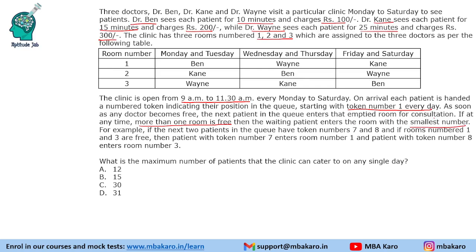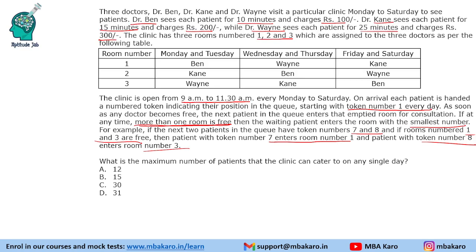For example, if the next two patients in the queue have token numbers 7 and 8 and rooms 1 and 3 are free, so token number 7 will enter room number 1 and token number 8 will enter room number 3, irrespective of the doctor. Whenever more than one room is free, they will enter the room based on the room number, not the doctor. So based on this we need to answer the questions.